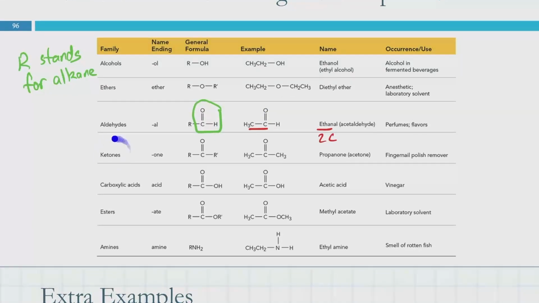We've got a related group called ketones. Ketones end in -one, and now it's that carbon bonded to a double bond, but it's between 2 carbons.